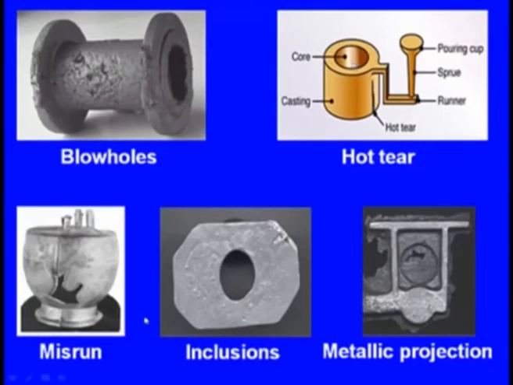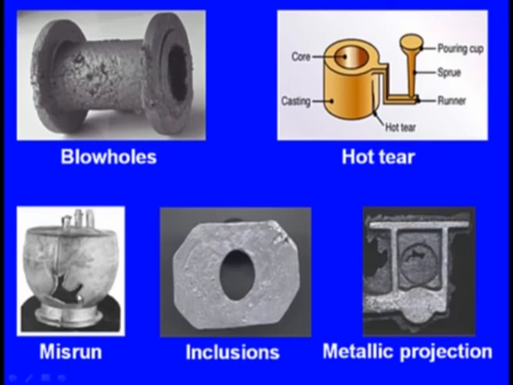And here we can see another defect called misrun. This misrun means here it is a kind of closed vessel and here you can see the metal has not occupied the thin portion, because the casting has got a thin cross section, the molten metal could not flow at a particular location.